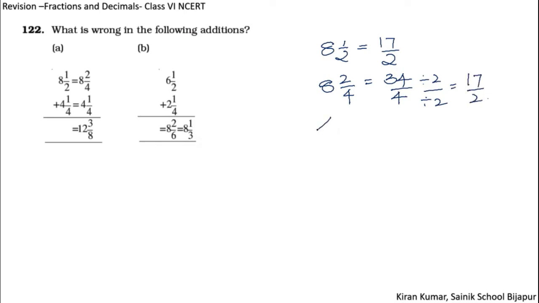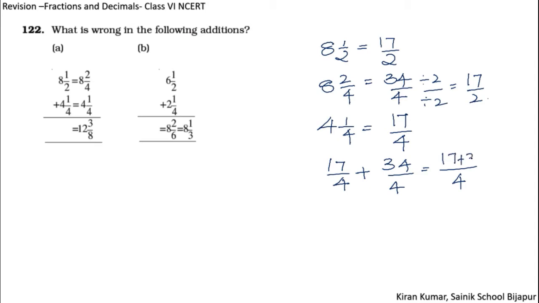Now if you consider 4 1/4, it will be 17/4. When we add this 17/4 with 34/4, we will be getting 4 in the denominator and the numerator will be 17 plus 34. This will be 51/4.